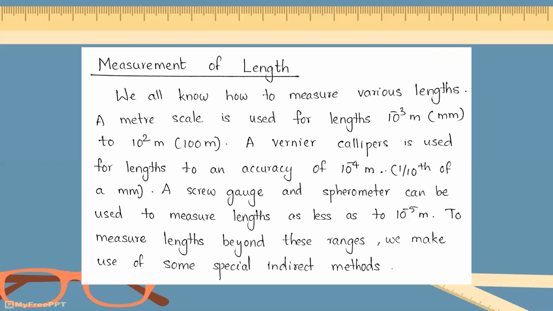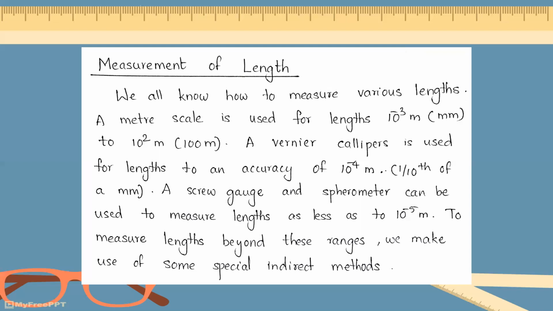We ask the shop people to give us 2 meters, 3 meters, 5 meters of cloth, like that. To measure that, people in the shop use a meter scale. That meter scale is used for lengths from 10 to the power of minus 3 meters, that is a millimeter, to 10 square, that is 100 meters.